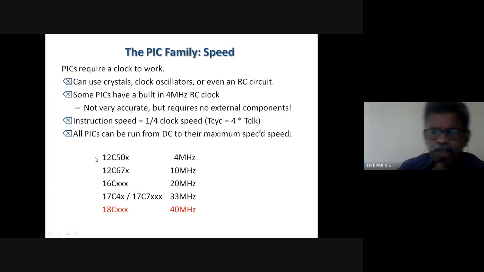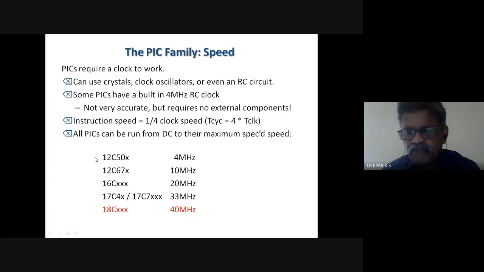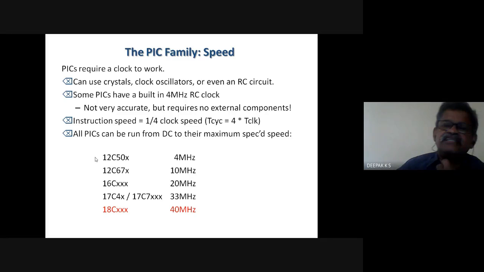Another thing we will come across when we deal with instructions and the timing for these instructions is that the instruction speed is 1/4 of the clock speed. So, what is the number of cycles for an instruction? It is 4 times the clock. Megahertz means 10 raised to 6.